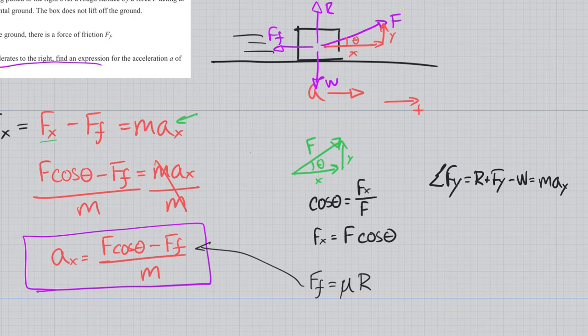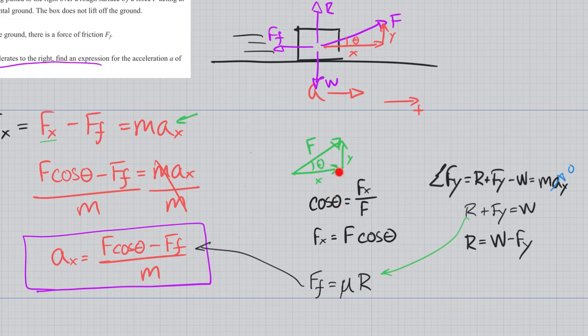We would know that the acceleration in the y is going to be 0. And so then we could say my normal force plus my force in y equals my weight. And that can be useful because we might need to know R, right, in terms of that. And so if we simply solve this for R, that would be my weight minus my force in the y.